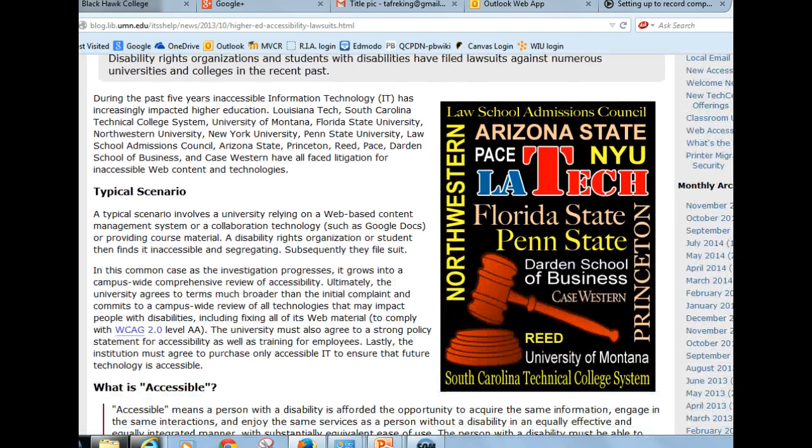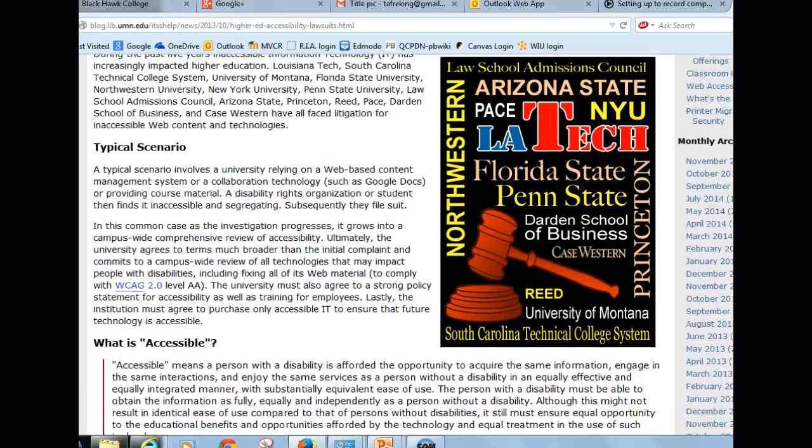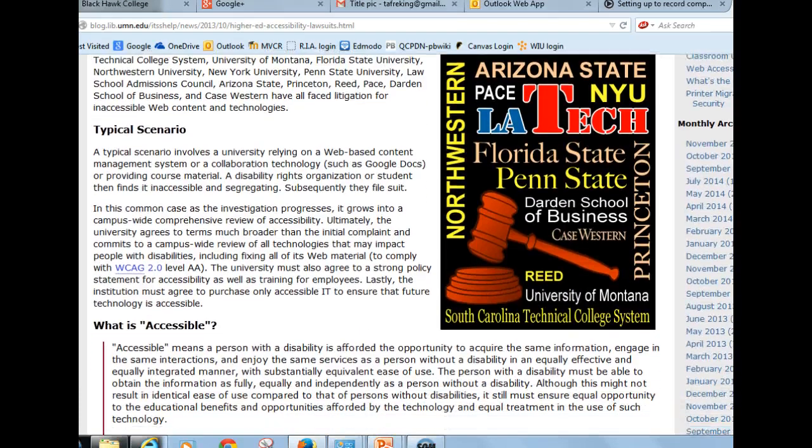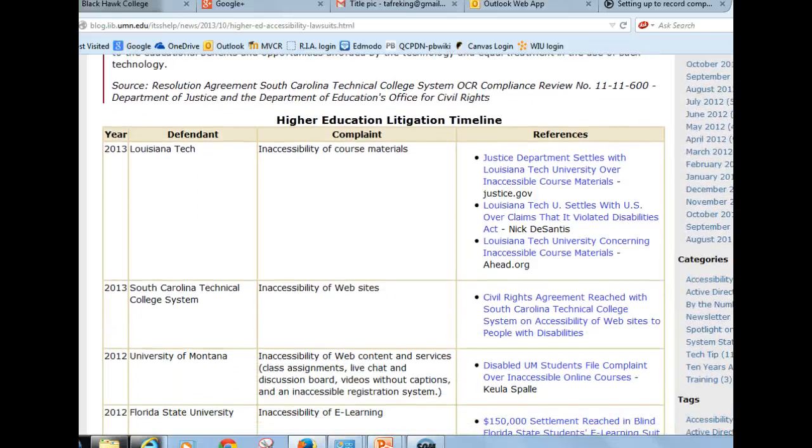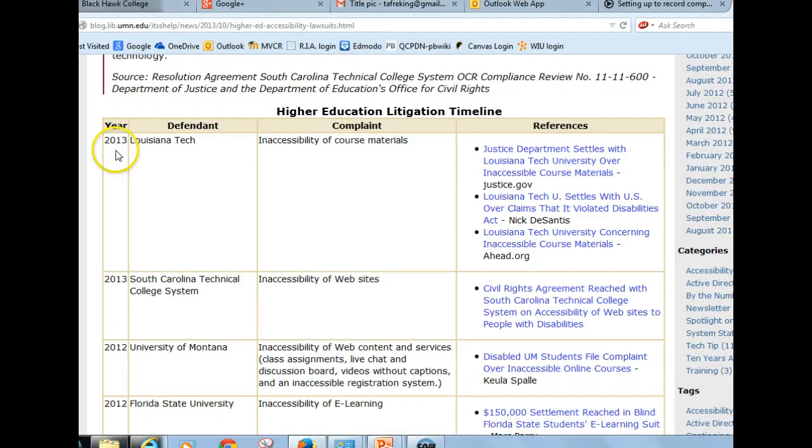As you scroll down here, it talks about the typical scenario of what happens and what is accessible. And here are the many cases that have occurred since 2013. Before that, Louisiana Tech, University of Montana. So many times it is the accessibility of websites that is getting people in trouble.